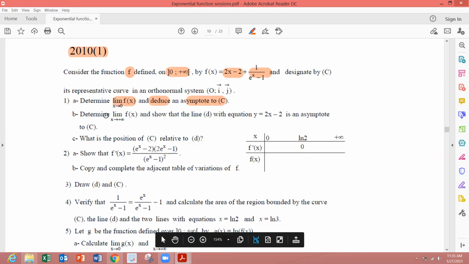Now, second part: the limit of f(x) as x tends to plus infinity.